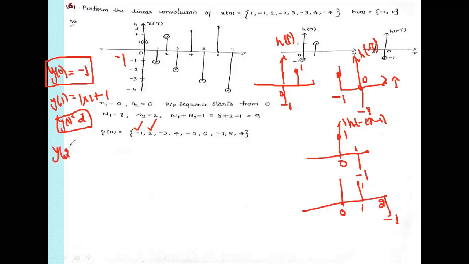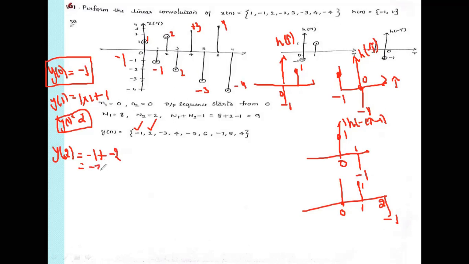So y of 2 is equal to minus 1 into 1, which is minus 1, plus at 2 the magnitude is 2 into minus 1, that is minus 2.